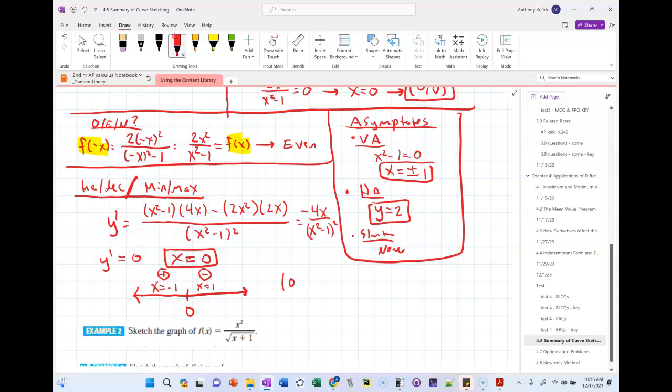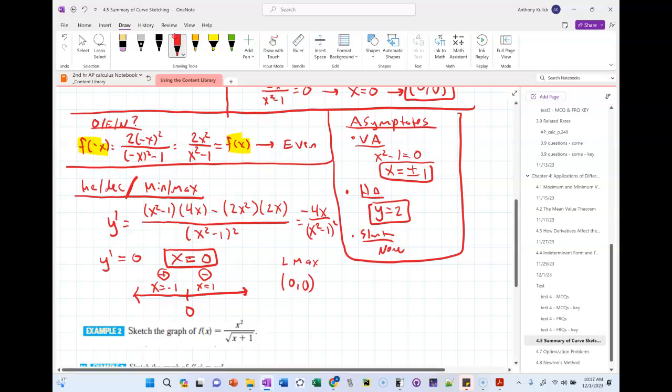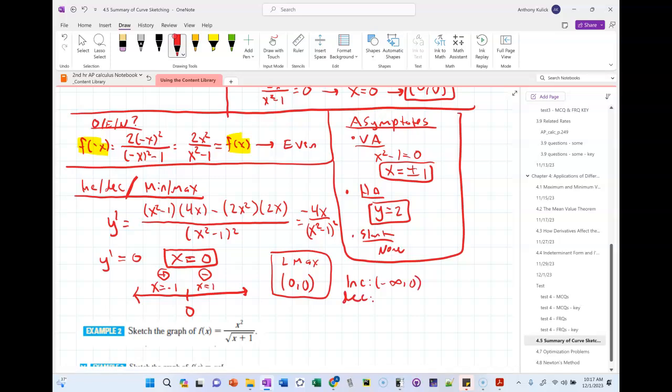So we have that (0, 0) is our local maximum, and we are increasing from -infinity to 0, and decreasing from 0 to +infinity.